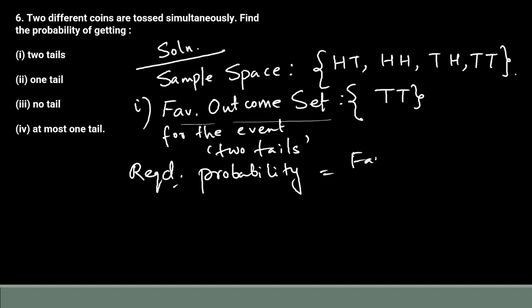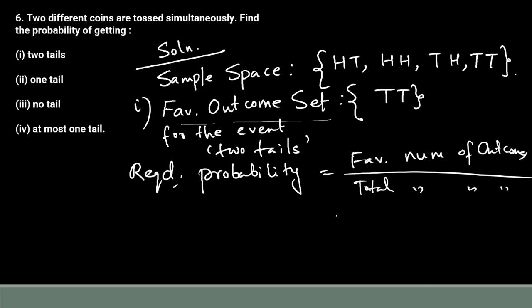Favorable number of outcomes divided by total number of outcomes, right? So the favorable number of outcomes in this case is 1 and the total number of outcomes is 4, so this will be 1 over 4.